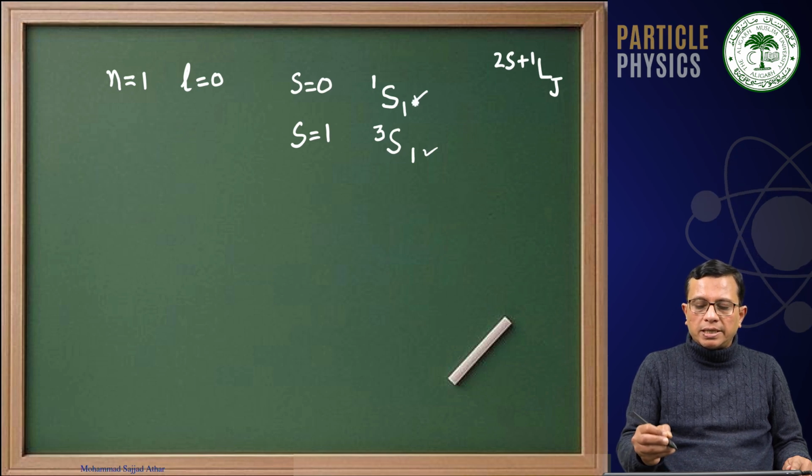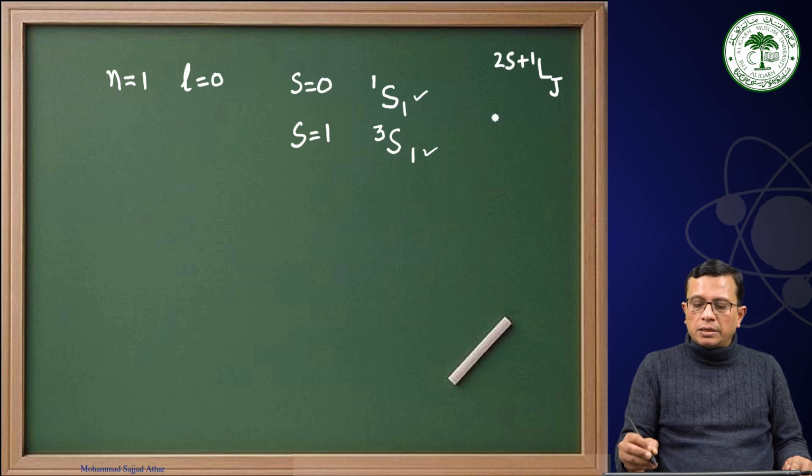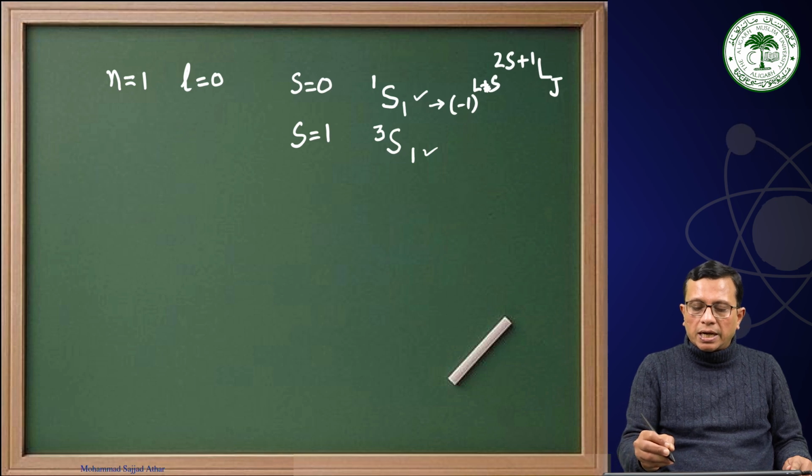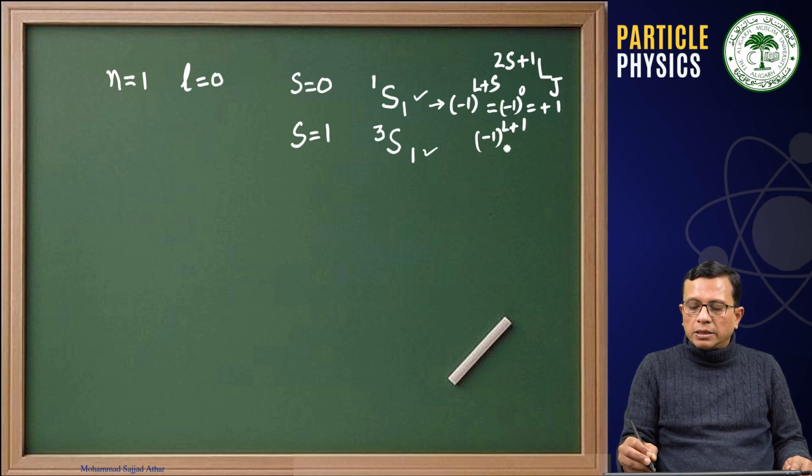1S0 is an independent state with principal quantum number 1 and orbital quantum number 0. The C parity associated with this is minus 1 to the power L plus S, and L is 0, S is 0, so this is minus 1 to the power 0, that is plus 1 or even. And parity, that is minus 1 to the power L plus 1 as we discussed earlier, with L equal to 0 is minus 1 to the power 1, that means minus 1.